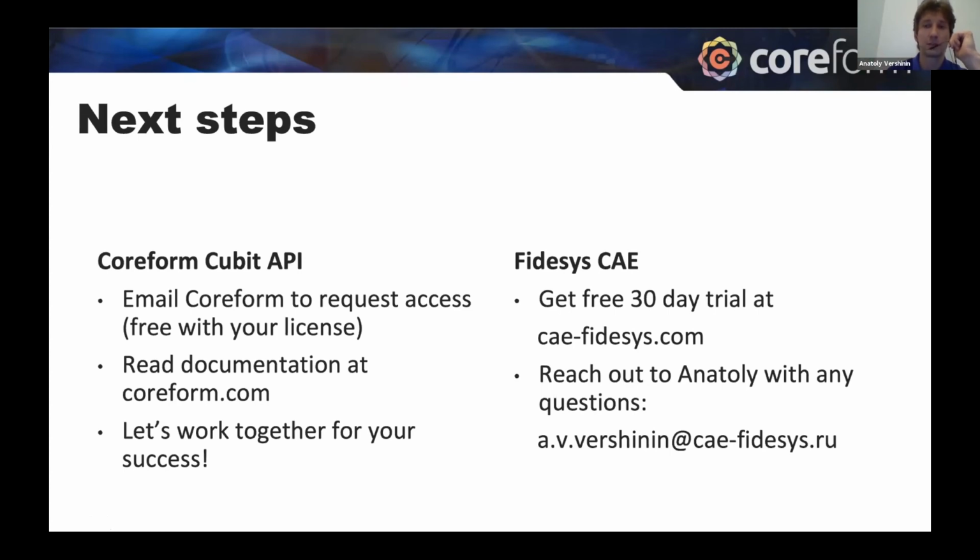Using the Qt and C++ SDK provided by Coreform for OEM licensors like fidesis, it is possible to add additional GUI elements or some programming logic for the custom software. Using this C++ API, we develop our customization, our specific widgets necessary for the fidesis simulation workflow. And briefly, I demonstrated them during my live demo.